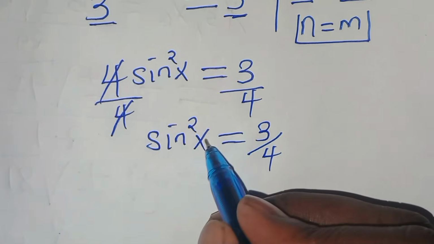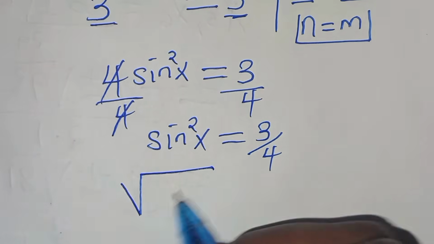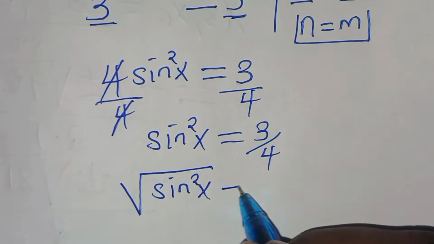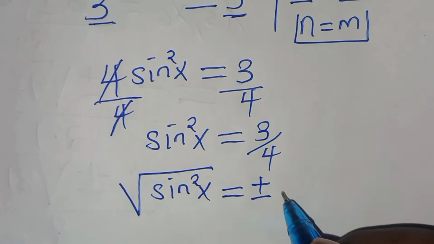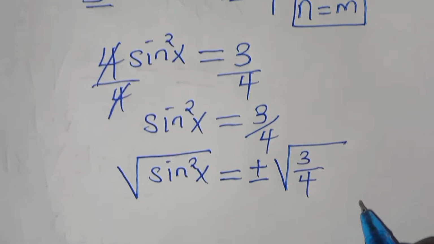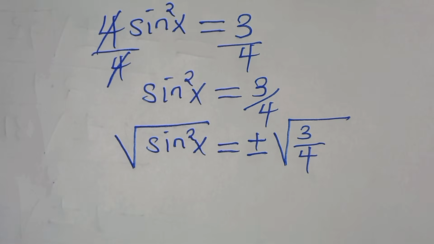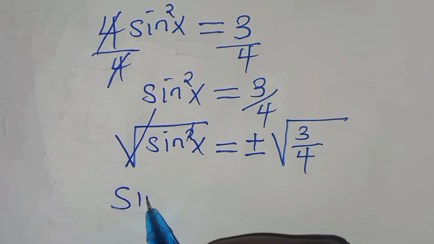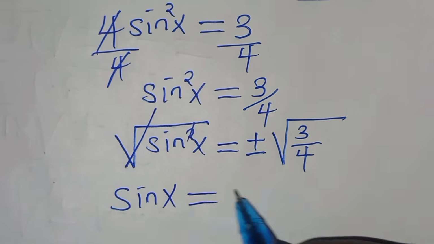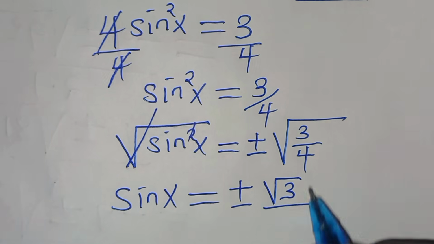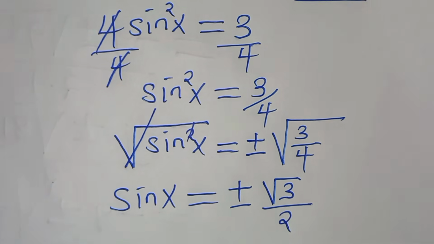To solve for sine x here, let's introduce a square root of both sides. We have the square root of sine squared x is equal to plus or minus square root of 3 over 4. Now let's eliminate the square root sign here. So we have sine x is equal to plus or minus square root of 3 over square root of 4, which is 2.